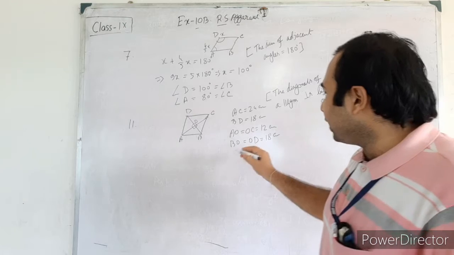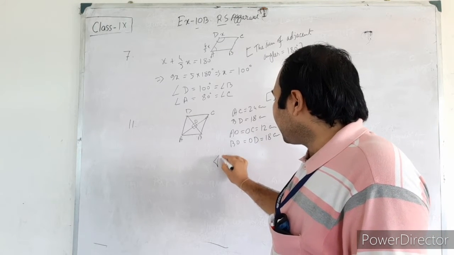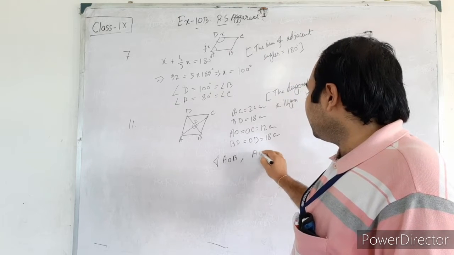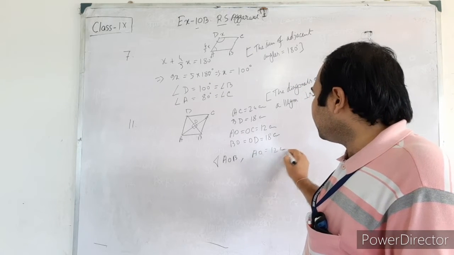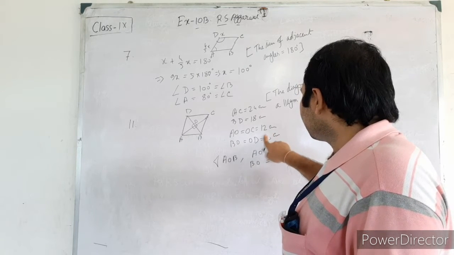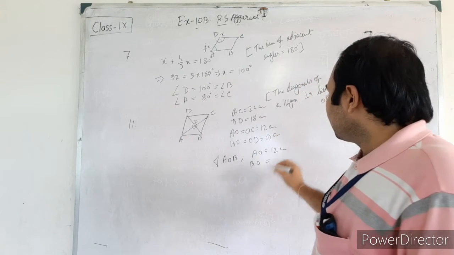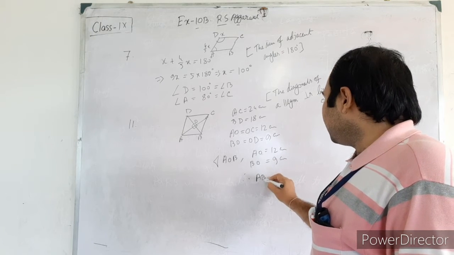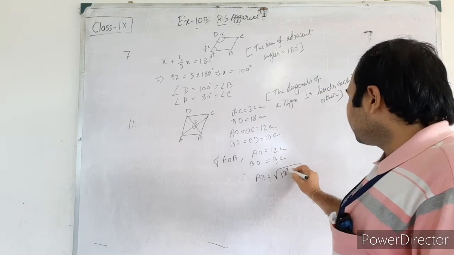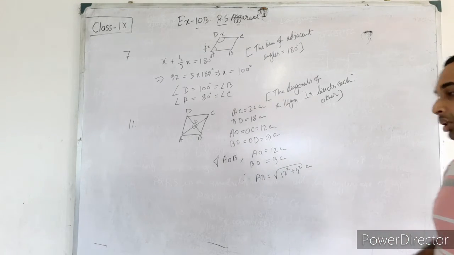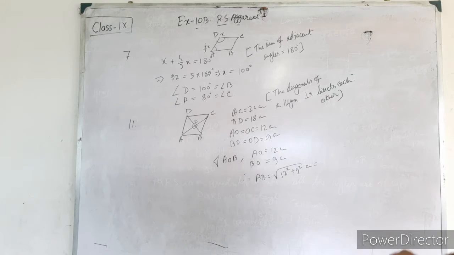If you take one triangle from here, say triangle AOB, then AO equals 12 centimeters and BO equals 9 centimeters. So AB equals the square root of 12 squared plus 9 squared centimeters, using the Pythagorean theorem because of the right-angled triangle.